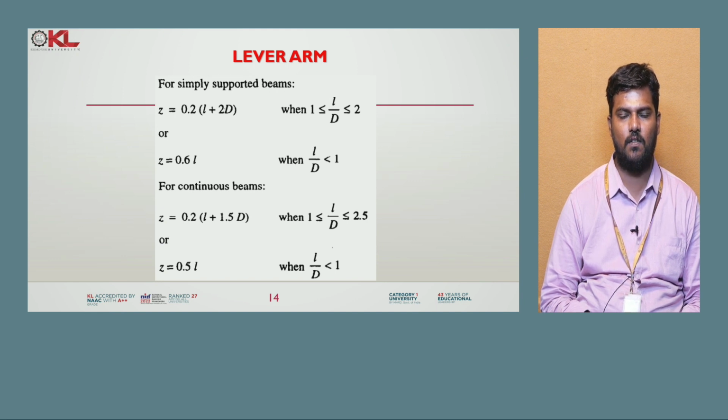In the same way, the lever arm for continuous beams, Z is equal to 0.2 into L plus 1.5 D, when L by D is between 1 and 2.5, or Z is equal to 0.5 L, when L by D is less than 1. So these are the lever arm equations for simply supported and continuous beams under different span conditions.